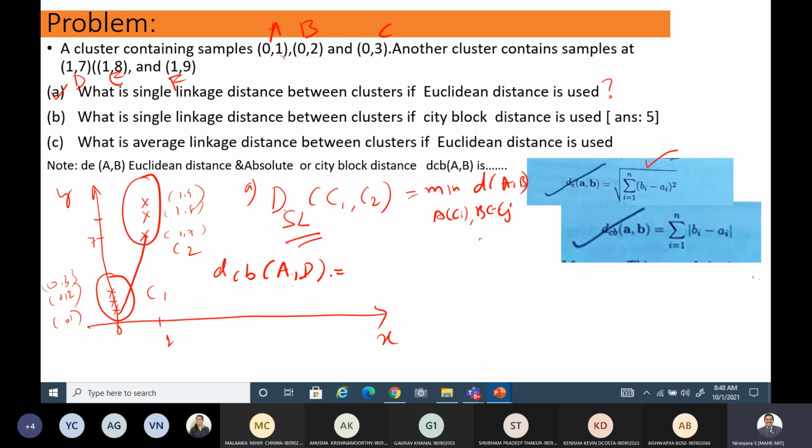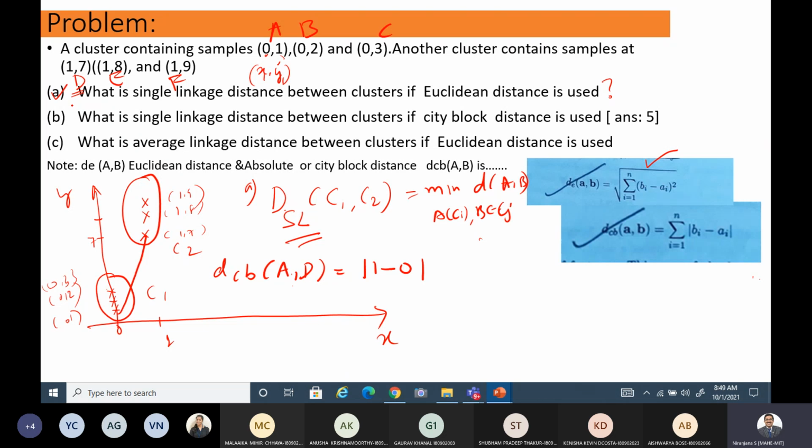How much is it? It is nothing but an absolute difference. If each point is represented by x comma y, maybe this is x1, y1, and for example the D point is x4, y4.